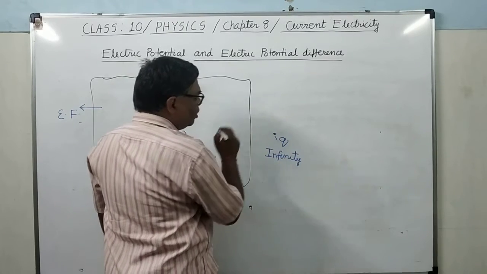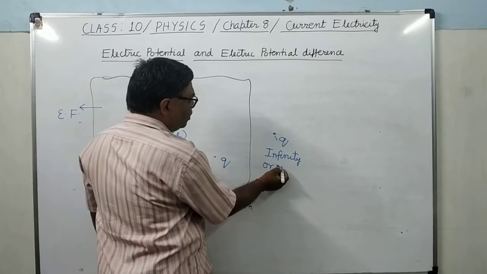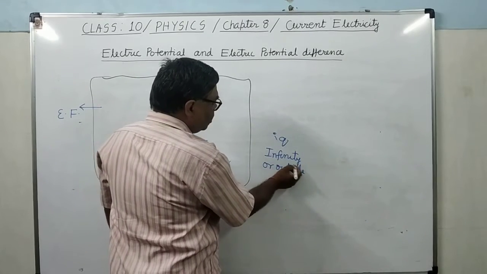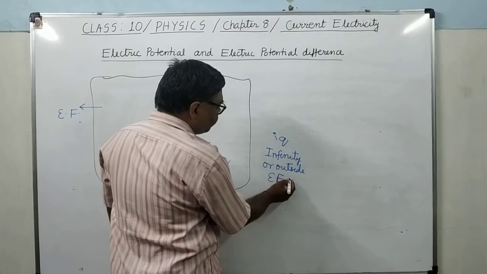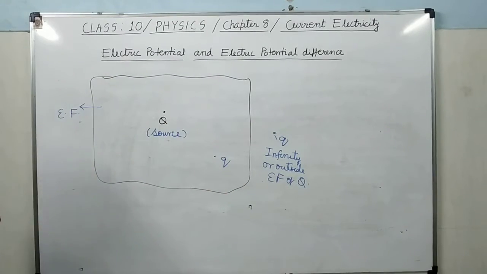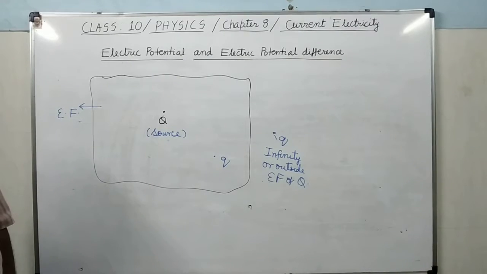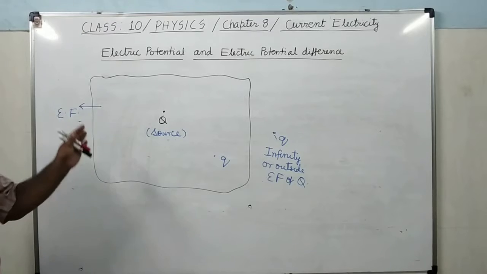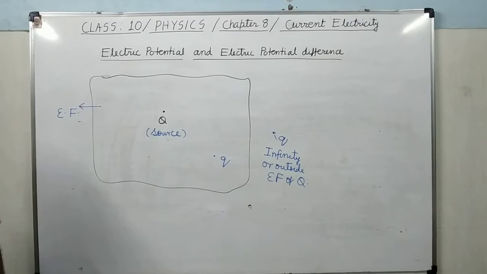Infinity, or outside the electric field of capital Q. Outside the electric field of capital Q means what? What is the electric field? First thing is every charge produces its own electric field around it.